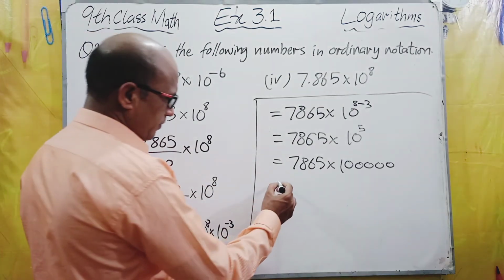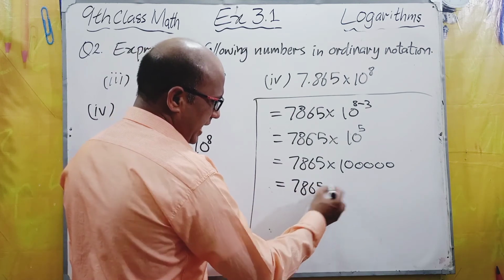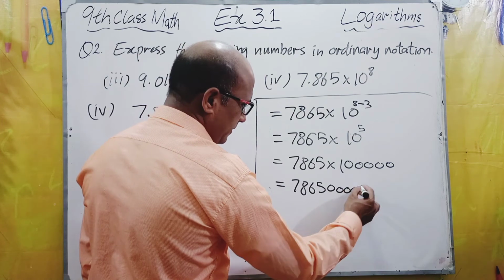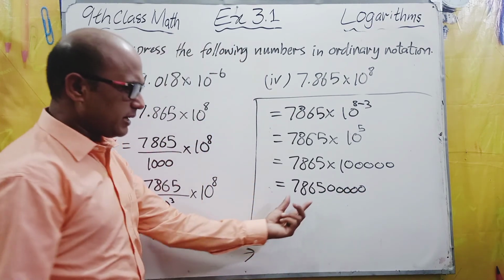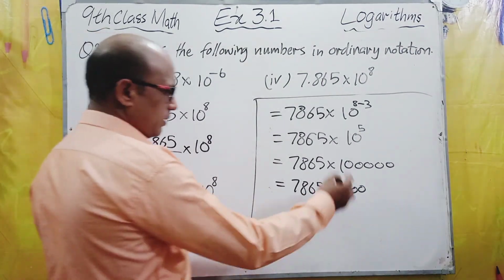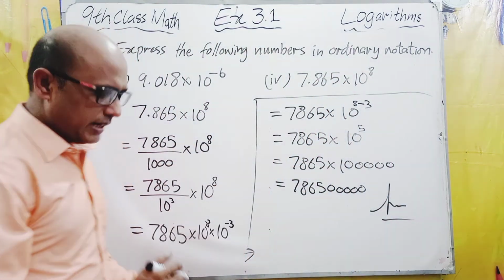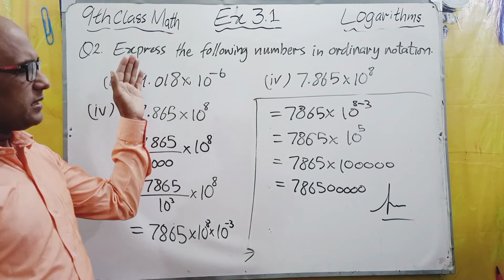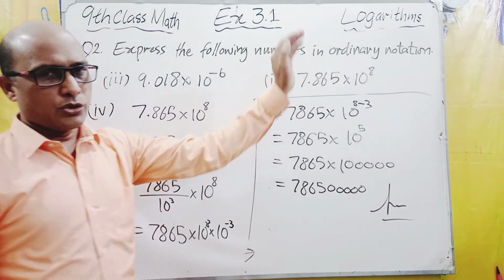So students, by multiplying these, we simply write these zeros along with the number: 1, 2, 3, 4, 5. 5 zeros will be written with this number as it is, and this whole number is our answer, which is ordinary notation. This is how to express any scientific number in ordinary notation.